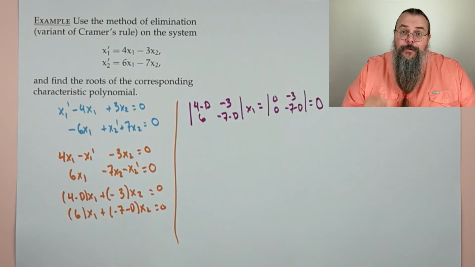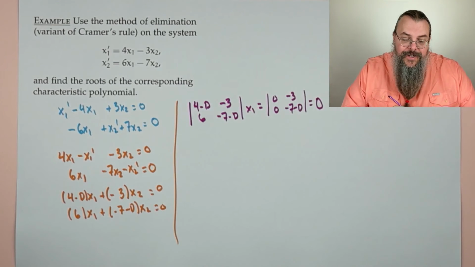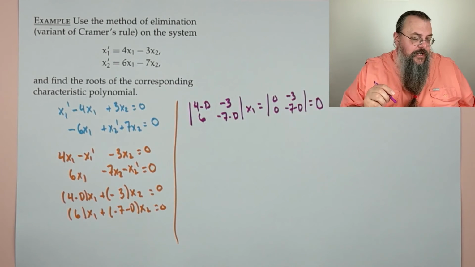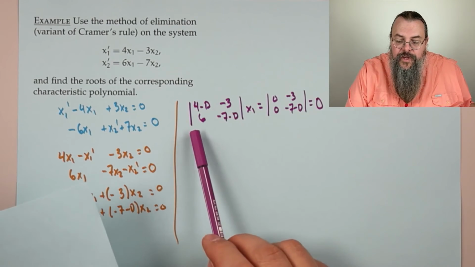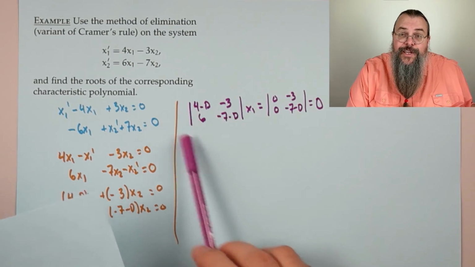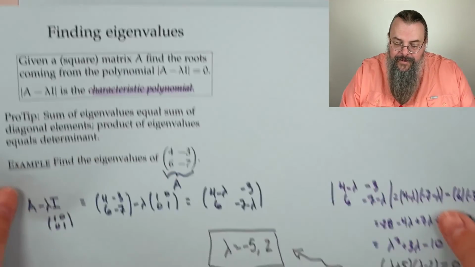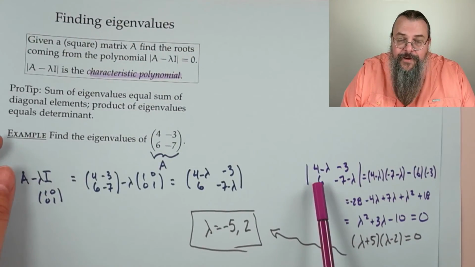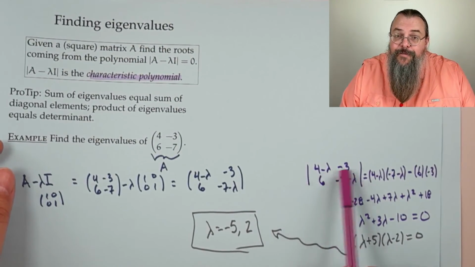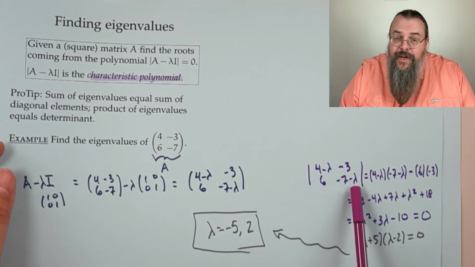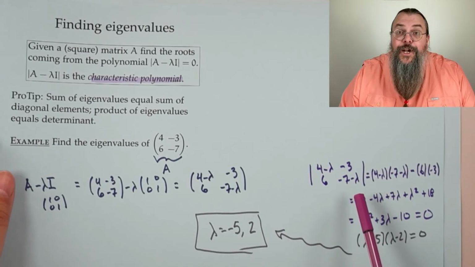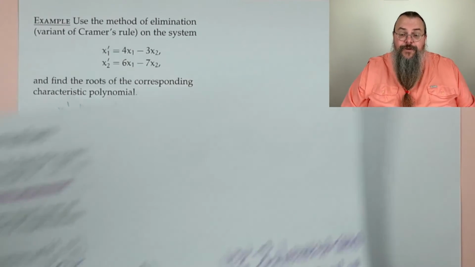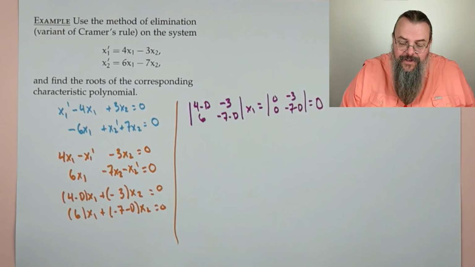Okay, now pause here before we go much further and say, hey, look here: 4 minus D, minus 3, 6, minus 7 minus D, and we're taking this determinant. That looks an awful lot like what we have here: 4 minus lambda, minus 3, 6, minus 7 minus lambda, and we're taking the determinant. Coincidence? No, it's not a coincidence. It's not a coincidence at all.